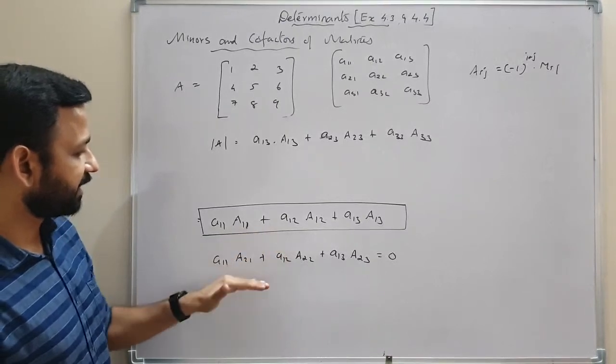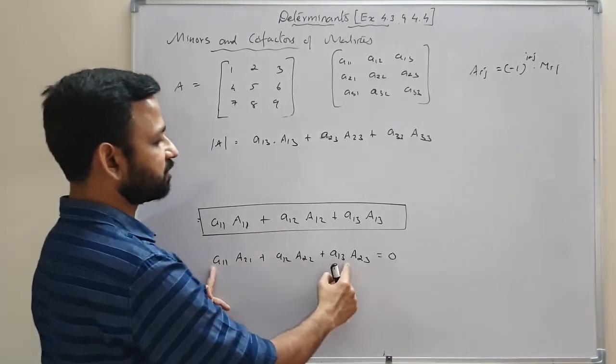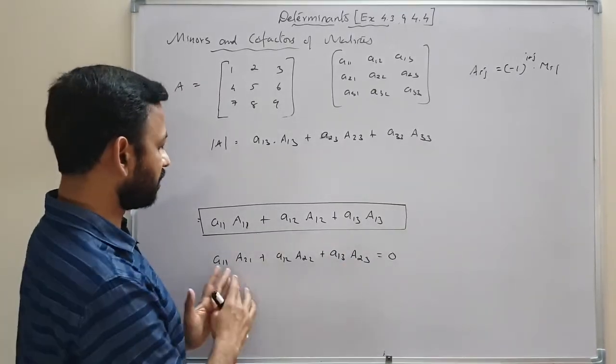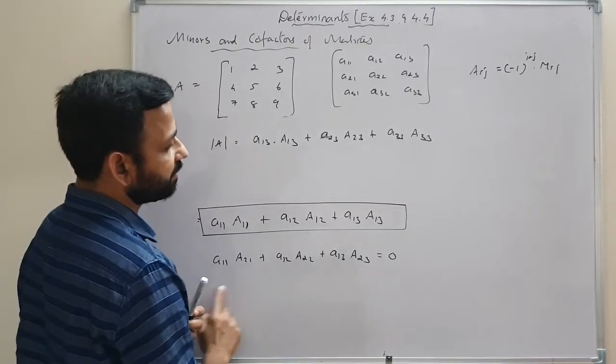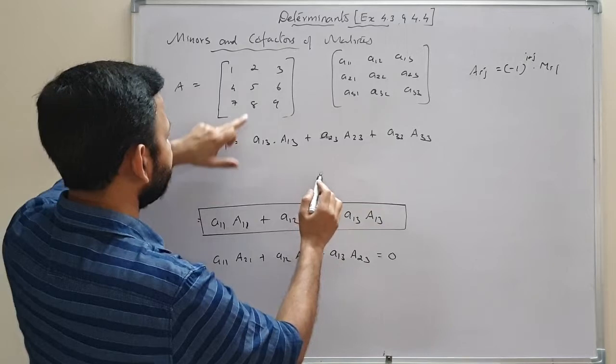And when we find the sum of the products of the elements of any row or any column by the cofactors of any other row or any other column, the answer will be 0.